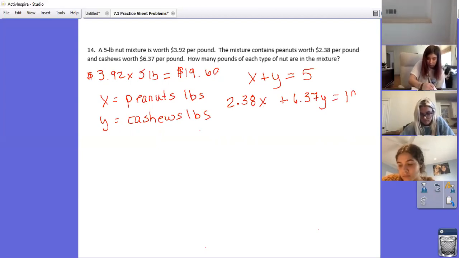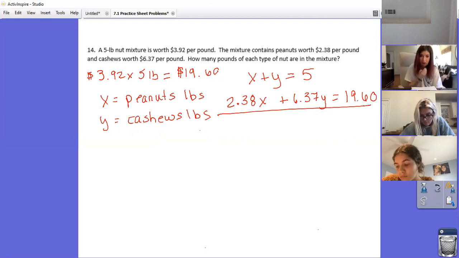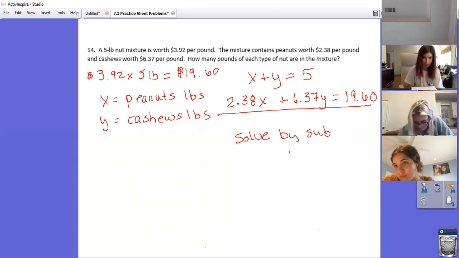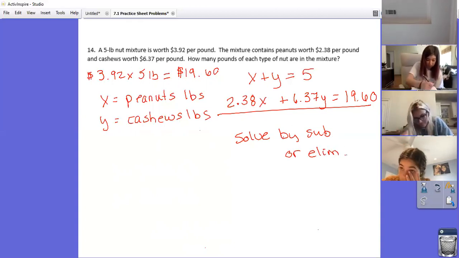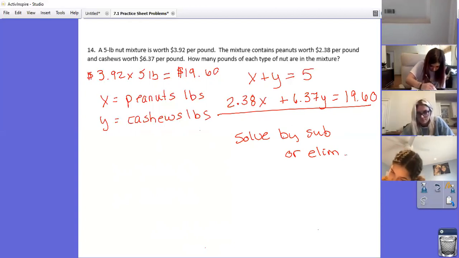It should give us the total value of the 5-pound bag at $19.60. So that's going to be your system. And you can solve with whichever method you like, substitution or elimination. So that should help.